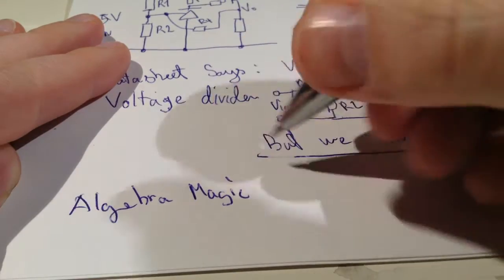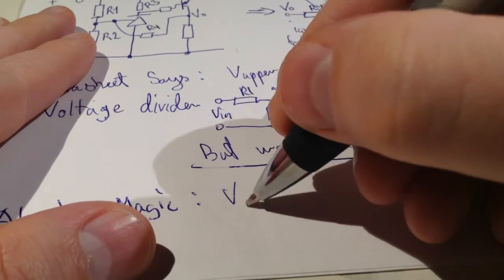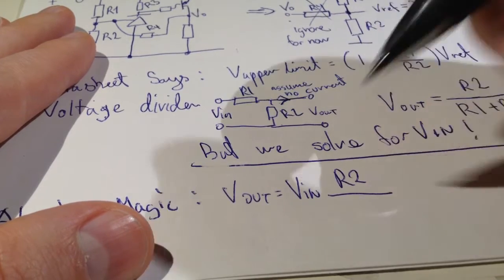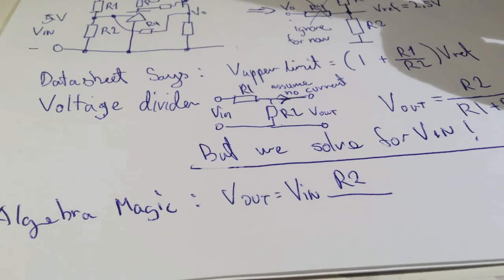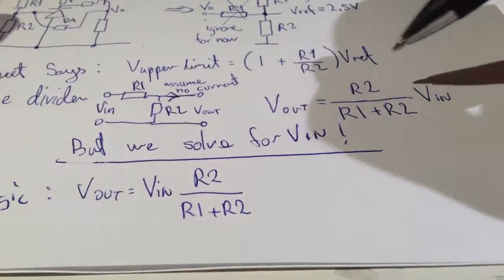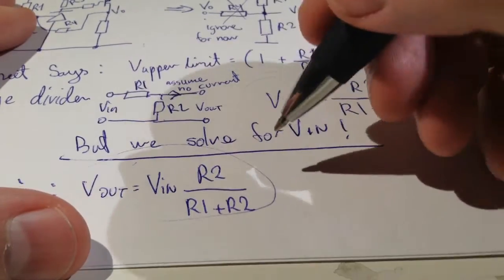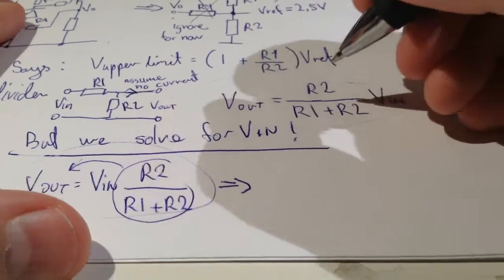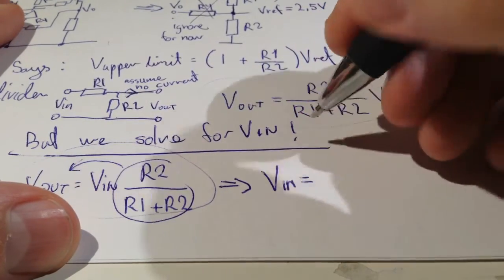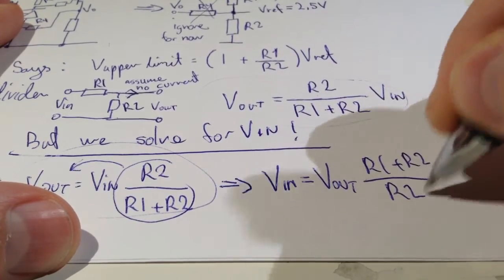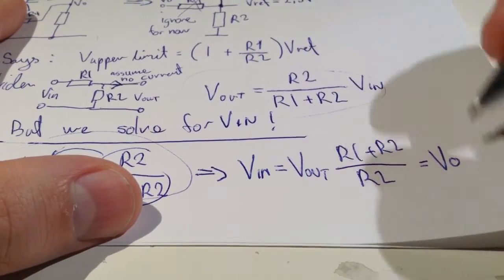But what can we do then? Okay, so basically you just wrote the same thing twice, and you want V in alone, so you move the fraction over on the other side of the equation, and when you do that you have to turn it upside down.